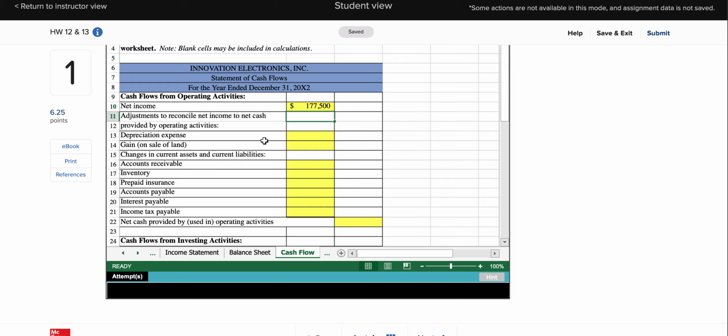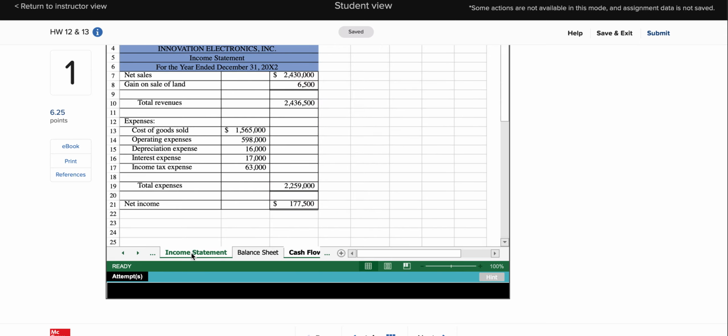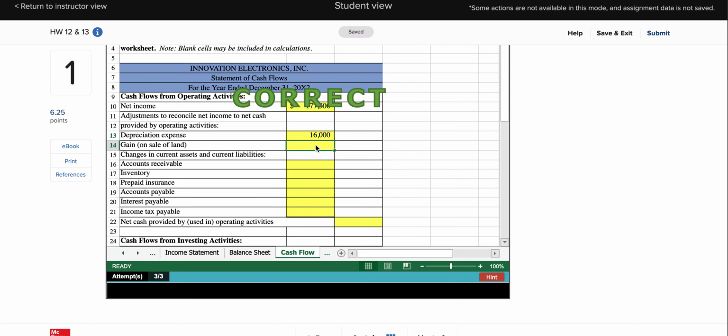For the adjustments, for the first couple here, these are just numbers you're going to go grab. For depreciation expense, that's also on the income statement, and you're just going to grab the number because that's an add back. The next item in this question is the gain on the sale of the land.